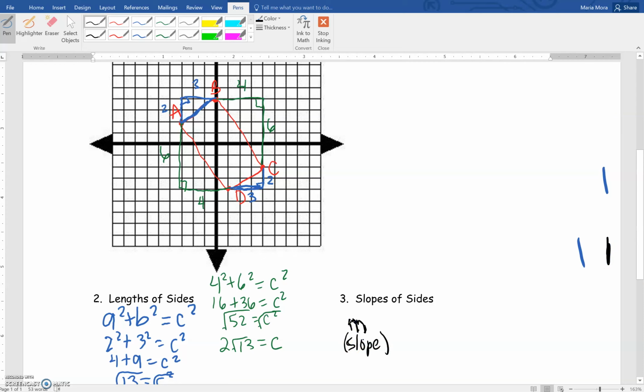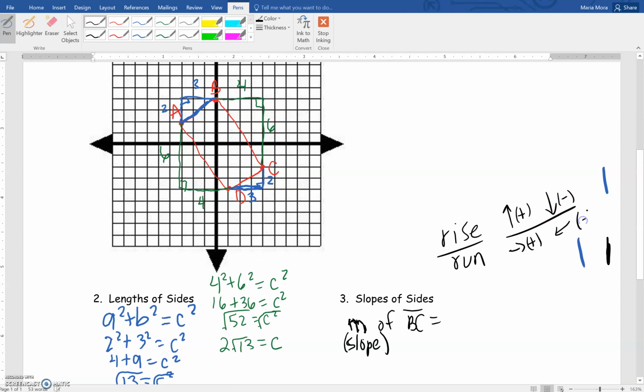Okay, so the slope of line segment BC is rise over run. So remember, if you are going up, it's positive. If you are going down, it's negative. If you are going to the right, it's positive. And if you are going to the left, it's negative.